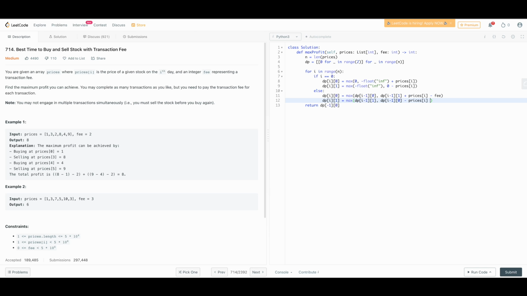So for this kind of problem, you just ask your interviewer where you pay your fee. Is it buying or selling, or is it both? Anyway, for this problem, that's the only difference. You incur a fee, and that's it.